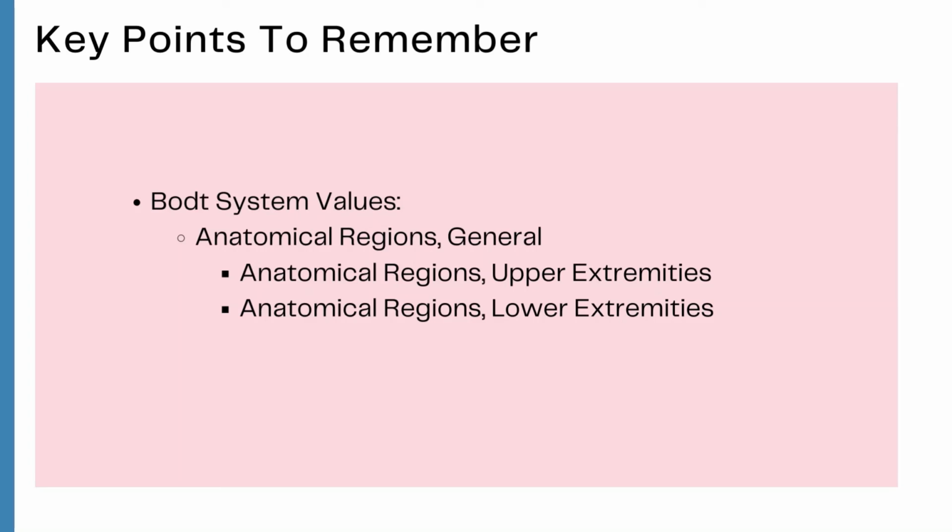And anatomic regions, upper and lower extremities, are used when procedures are done on body parts that usually involve more than one body system value, like bones, joints, nerves, and blood vessels. If all these are worked on together in the same root operation, then you would go to anatomic regions, upper extremities, or anatomic regions, lower extremities as the body system values. This is the most important aspect for the second character that you need to remember.